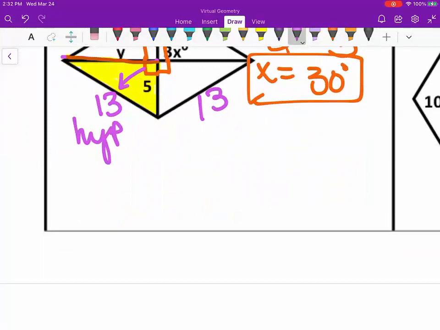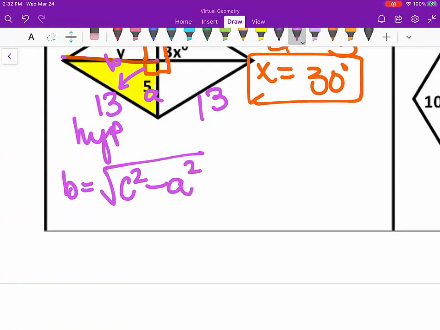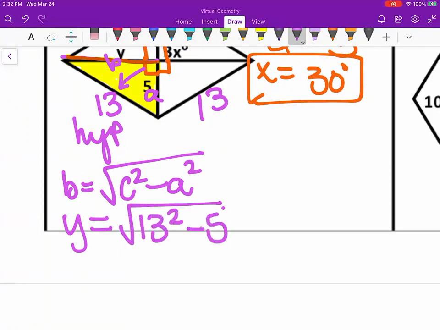So the y that I need, again, I'm going to call that my b side. So I want the formula that says b equals the square root of c squared minus a squared that we learned last unit. So y equals the square root of 13 squared minus 5 squared.